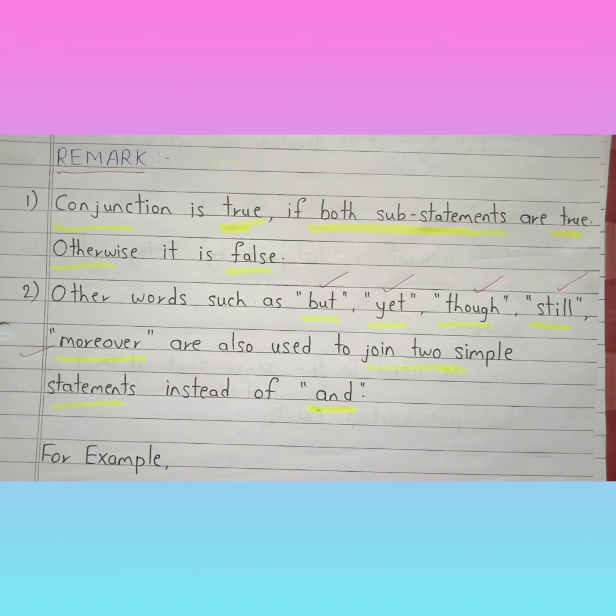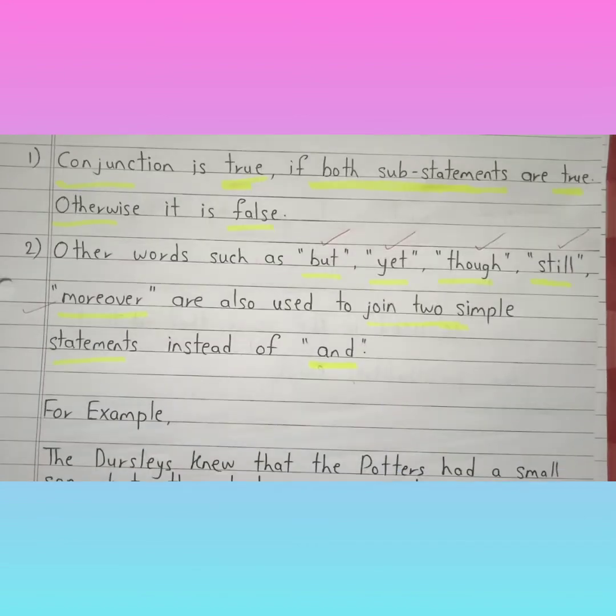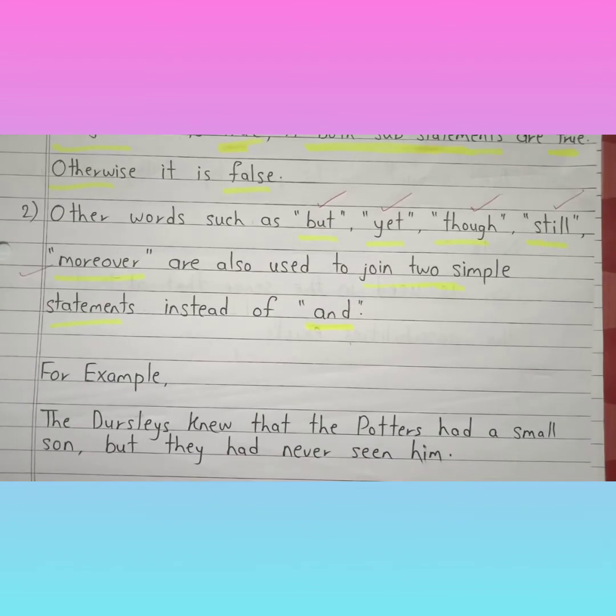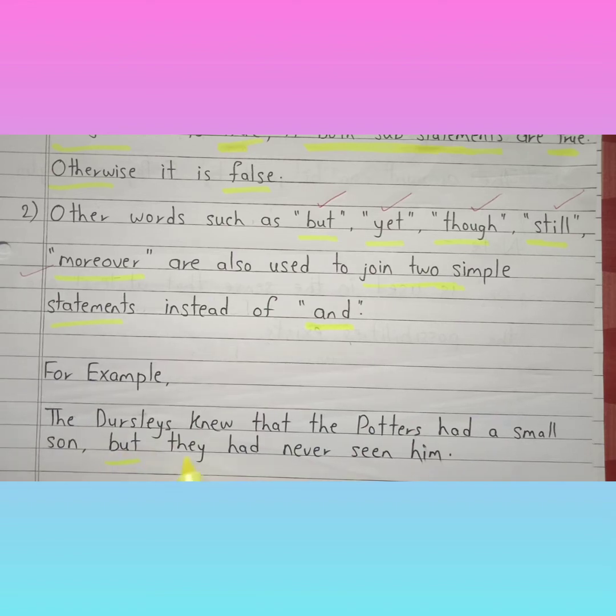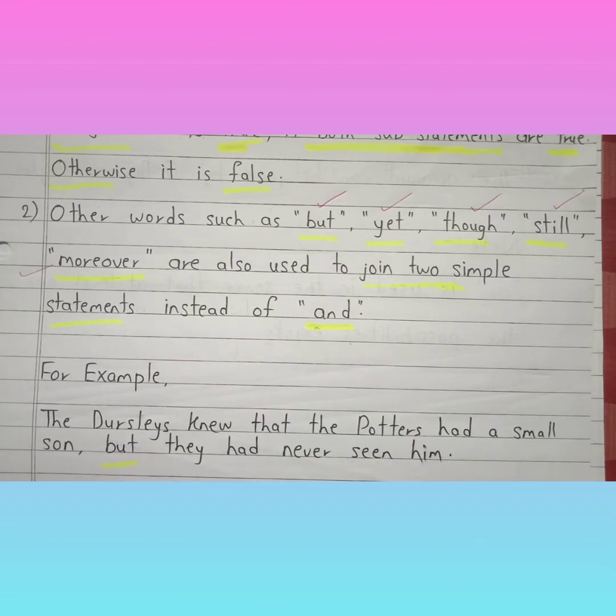Let's see an example of this. The Dursleys knew that the Potters had a small son, but they had never seen him. You might have realized which book I have taken this statement from. Yes, this is a statement from the famous book Harry Potter.